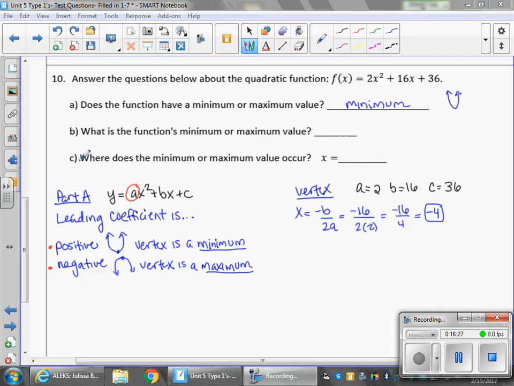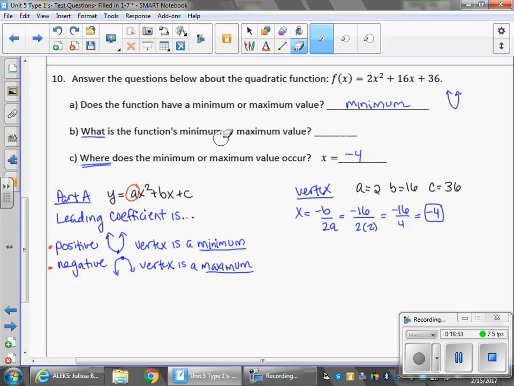Okay, now b and c have a slight difference. B says what is the function's minimum versus where does it occur. So what is it versus where? The where is the x value. So x equals negative 4. That's the where. The what is the y value. So let's write that down.